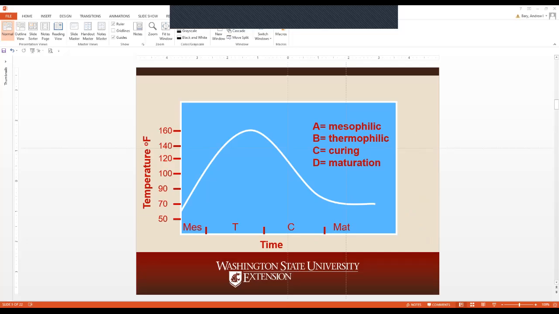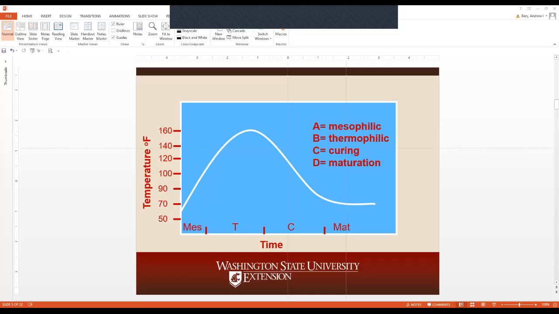Here we have a theoretical temperature profile from a compost pile. We start with a bacterial driven system during the mesophilic stage, where all the easy to break down materials such as sugars are broken down and used for feed sources. And then as things start to come along, the pile gets hot. You get into this thermophilic stage, above 131 degrees. And you continue to compost.